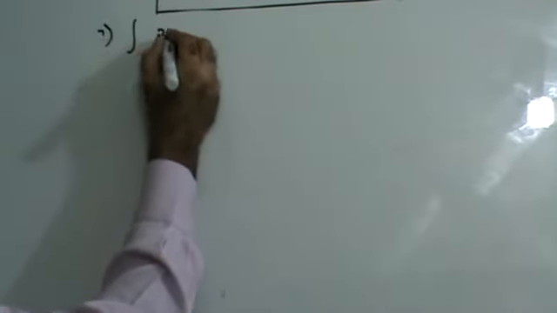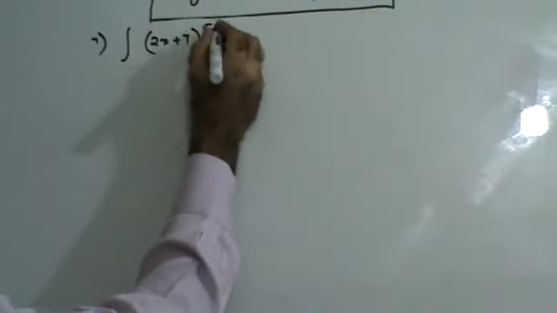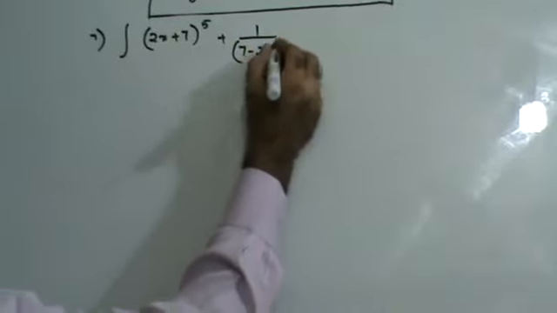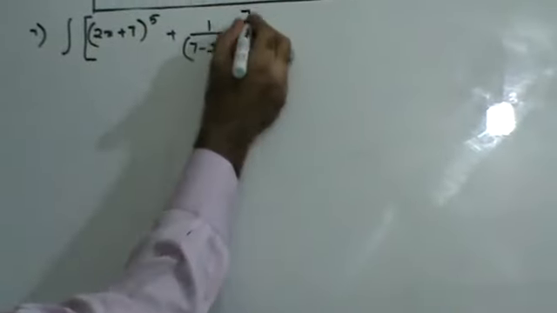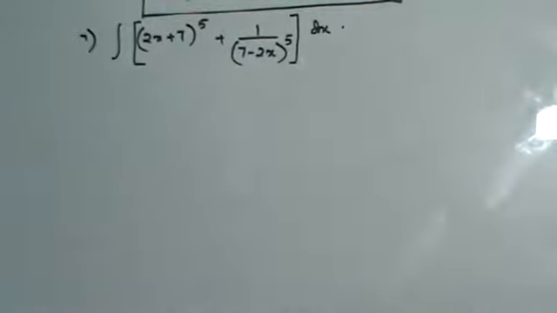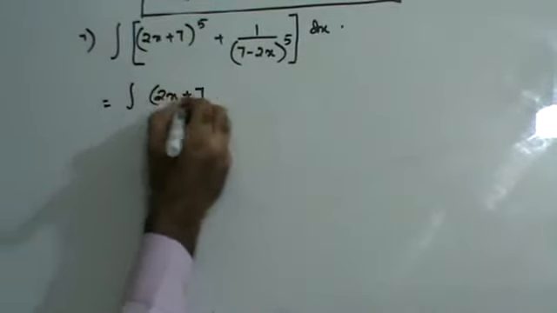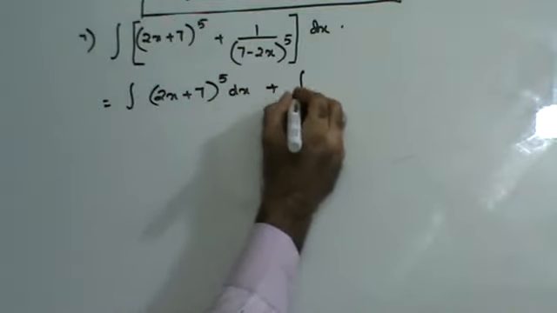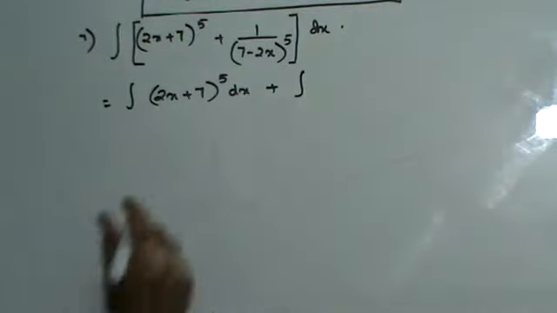Integral of (2x plus 7) the whole raised to 5 plus 1 upon (7 minus 2x) the whole raised to 5 dx. Right? Let's see the sum. This can be written as integral of (2x plus 7) the whole raised to 5 dx plus integral of, take the term in the numerator, so it will be minus 5.